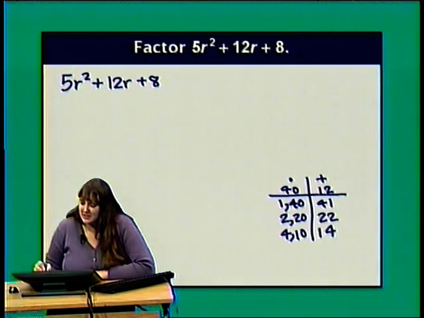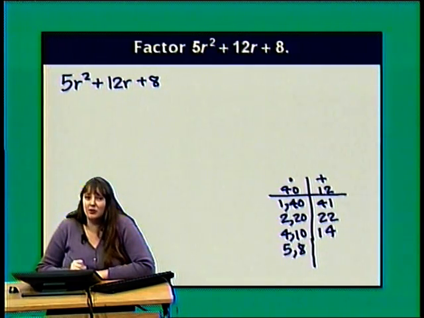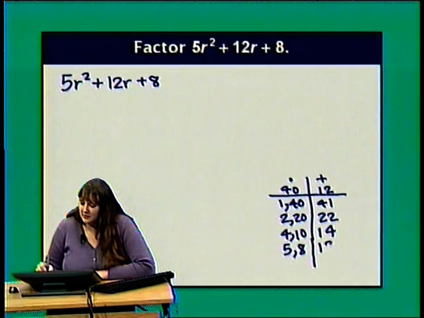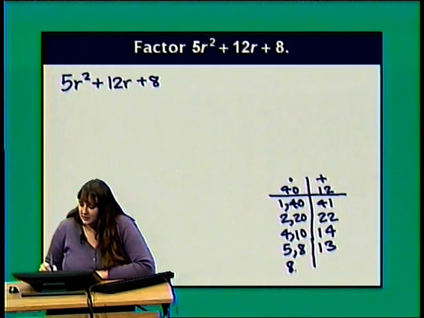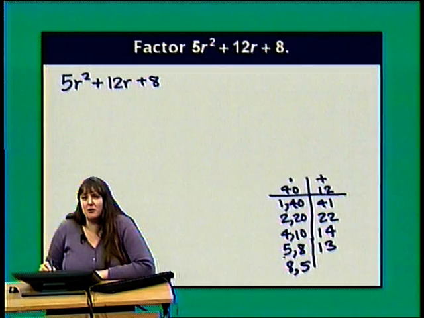Those add to 14. I want 12. 5 and 8 multiply to 40. That sum is 13. 6 doesn't go into 40. 7 doesn't go into 40. 8 does. That gives me 8 and 5, but we've already looked at that. We're encountering repeats, so it's time to stop.